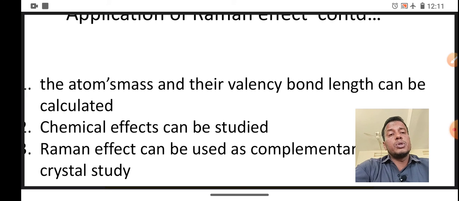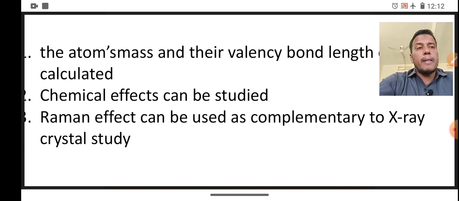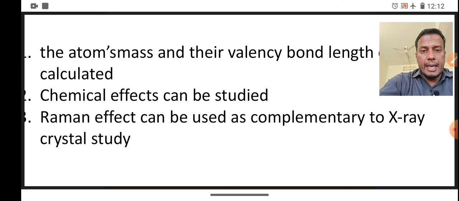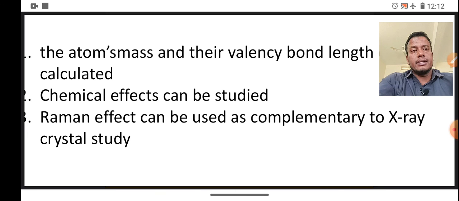The Raman effect can also be used as a complement to X-ray crystal studies, because X-rays are very dangerous to use frequently, while the Raman effect can be used without adverse effects. Hence, these are very useful applications of the Raman effect.